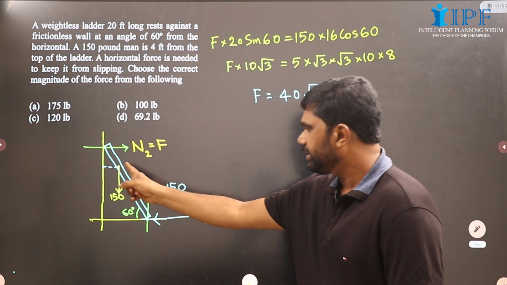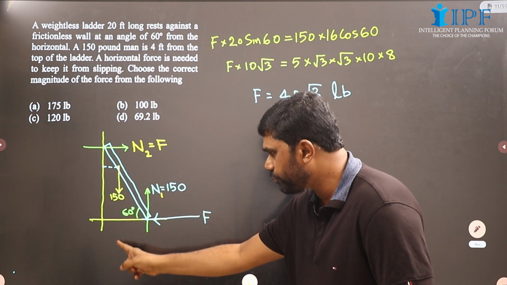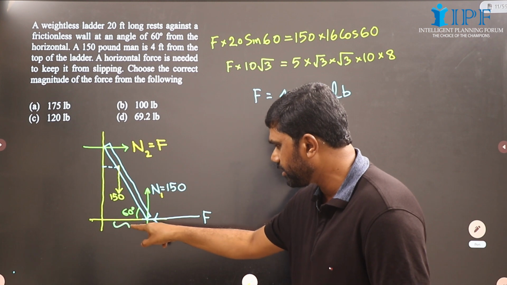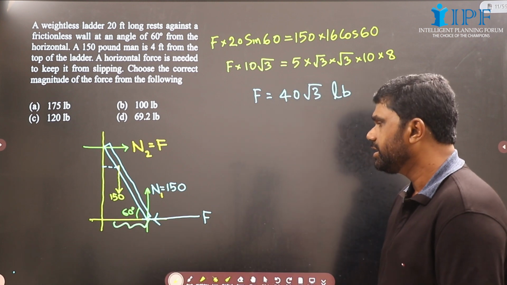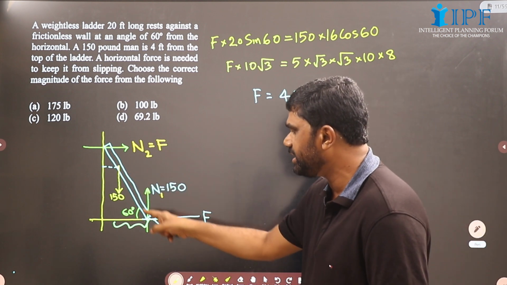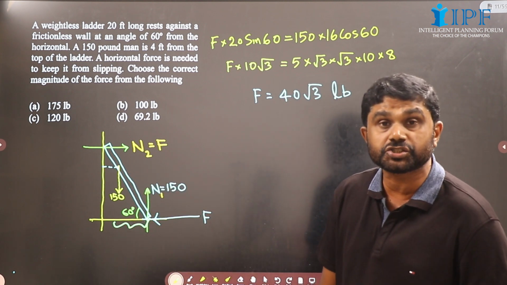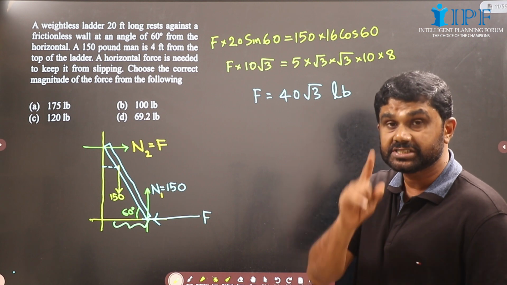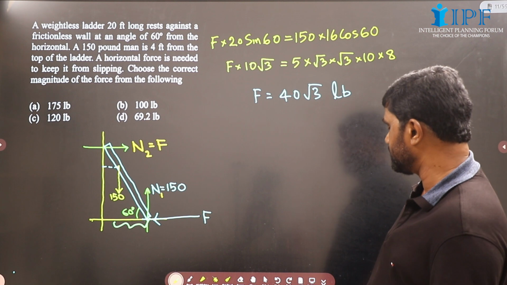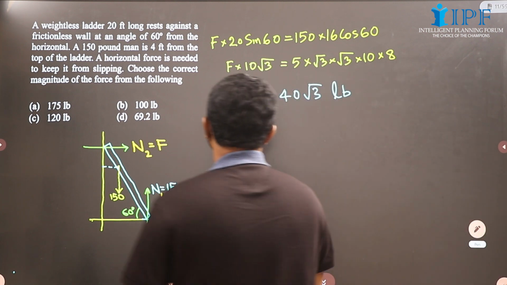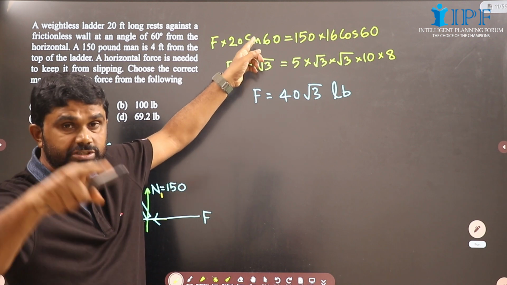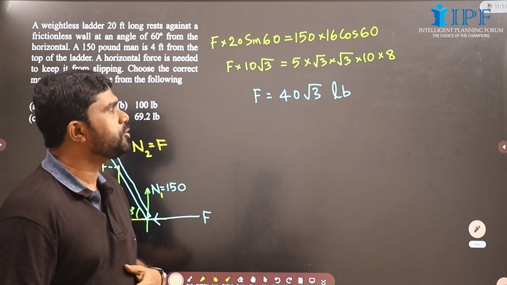Next, see the turning effect due to this force 150. This much will be the perpendicular distance, and that will be 16 cos 60. So 150 into 16 cos 60. We have to find out this capital F. So sin 60 will be root 3 by 2 into 20, that is 10 root 3.